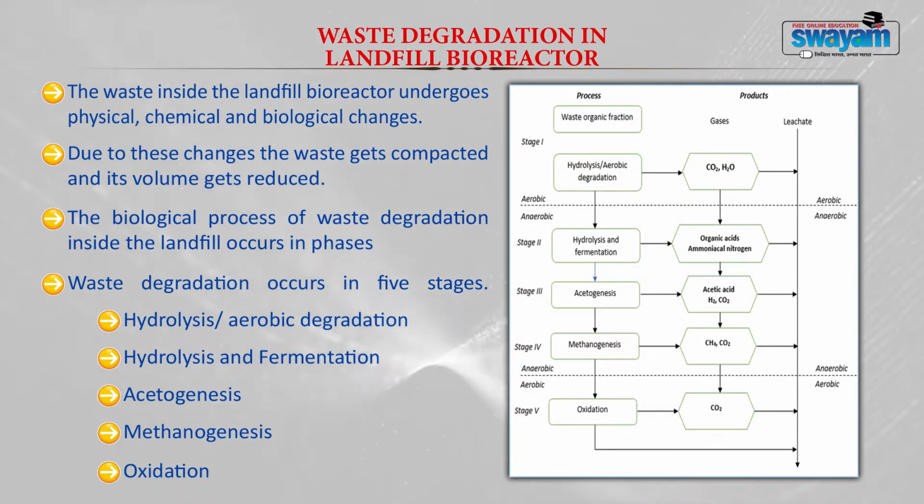In stage 1 and stage 5, oxygen plays a major role in degradation. Initially, when the waste is loaded, it contains a lot of oxygen, and hence aerobic degradation takes place and results in the production of carbon dioxide and water.